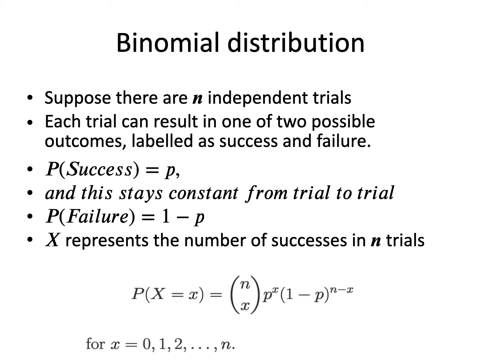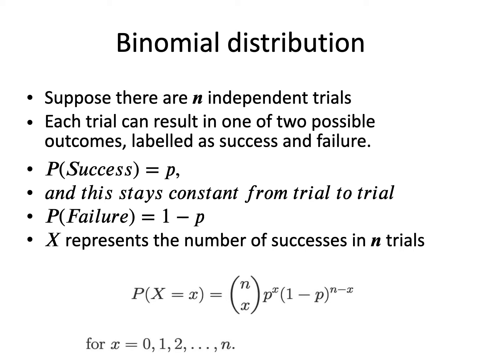This P(success) is equal to small p, that has to stay constant from trial to trial in order for us to have the binomial distribution. And here we have only 2 possibilities, success and failure. So the probability of failure on any individual trial is simply 1 minus p.